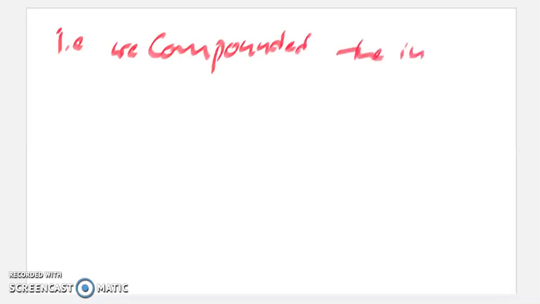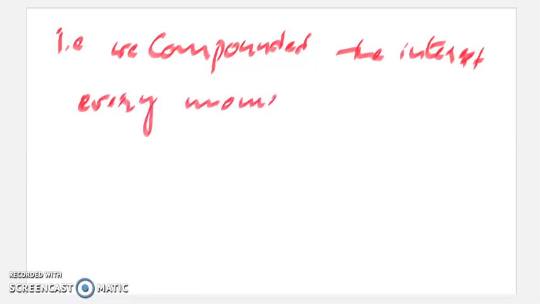If the number of compounded periods becomes large, that means we compound the interest every moment.